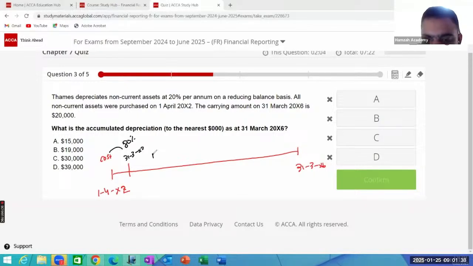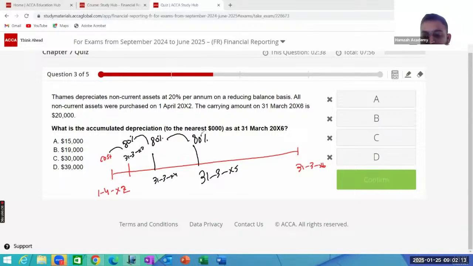Then on 31st March X4, the carrying value would be 80% of the previous carrying value. Then on 31st March X5, that would be 80% of the previous carrying value.